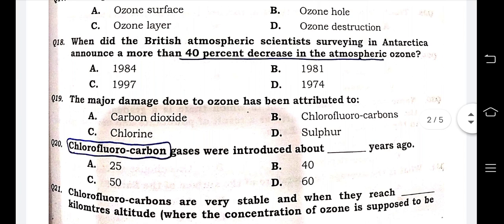The major damage due to ozone has been attributed to: option A carbon dioxide, option B chlorofluorocarbons, option C chlorine, option D sulfur.